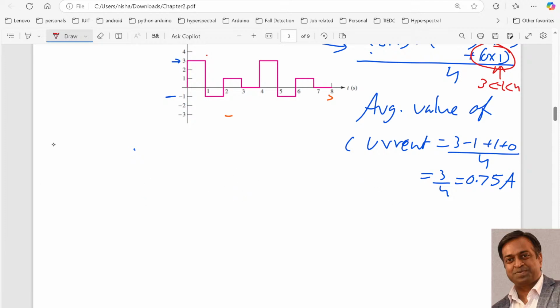Okay, so for the third part, we need to plot the graph for Q(t) for the interval from 0 to 4, right? We know that i is the differentiation, i equals dq by dt.